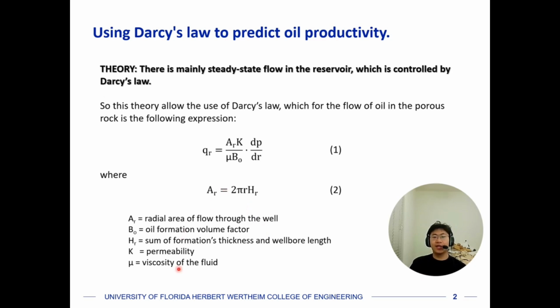And k is the permeability. Mu is the viscosity of the fluid. Here the fluid is oil, so mu is the viscosity of the oil. The B_o is the oil formation volume factor.